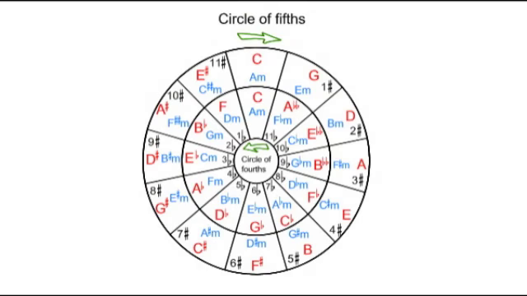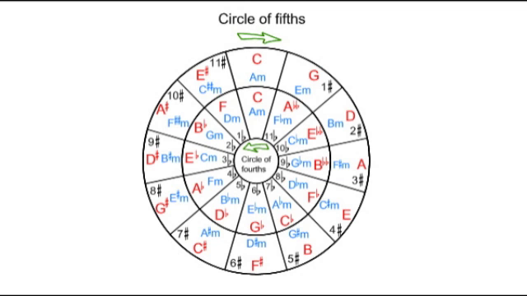Now, why did I say that you will almost never encounter pieces of music written in keys that involve double sharps or double flats? Well, the answer lies in the circle. If you take any one segment of enharmonic keys, keys that sound the same, there is usually an obvious choice to make.